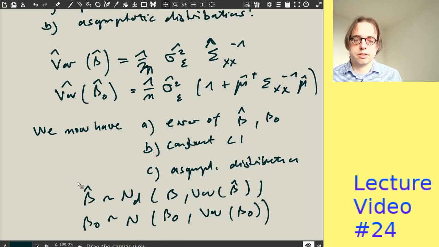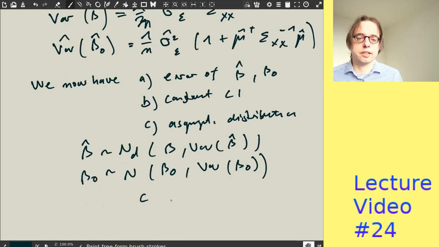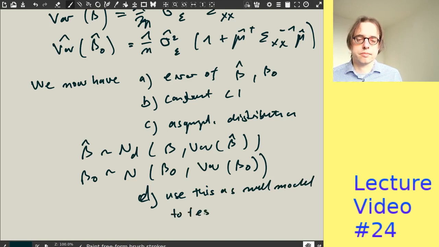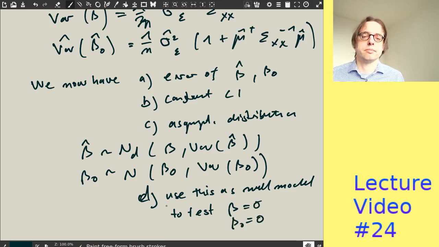We can use this as a null model to test whether beta is 0 or beta naught is 0. That's why it's useful to have this distribution, because we can get approximate p-values for whether the regression coefficient is 0 or not.